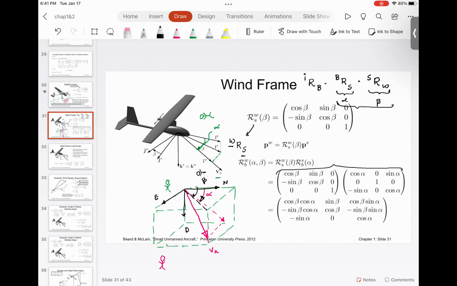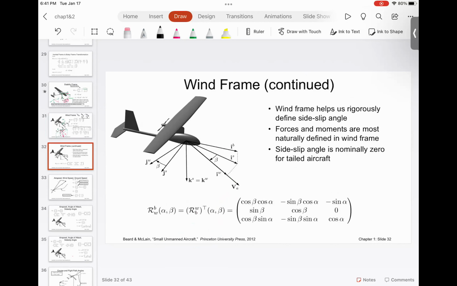So I will show this concept again in simulation. But at the end, what needs to happen is we need to take all these frames and finally multiply them together and transfer the appropriate forces and velocities in a consistent coordinate frame. So this is what we talked about.